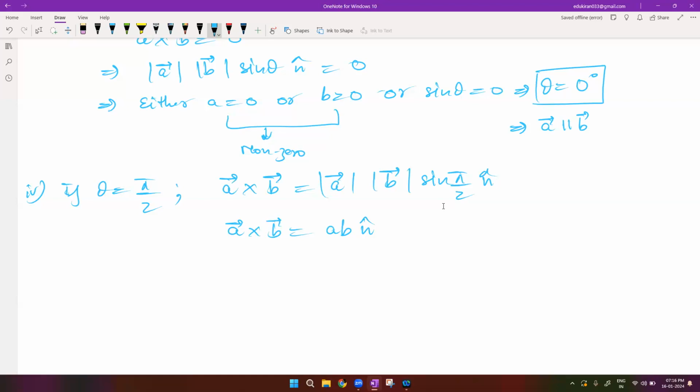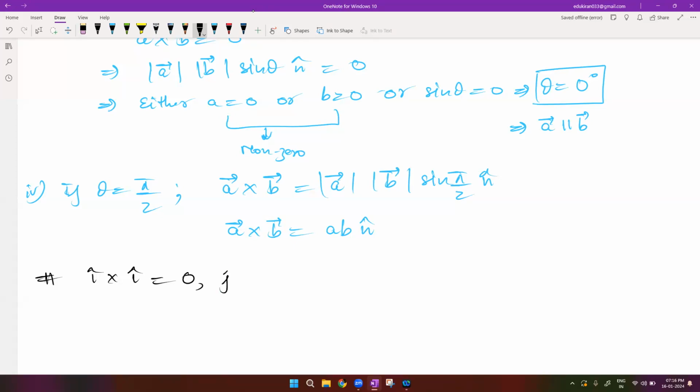Now, using the third and fourth property, you can make some rules. If you want to find the cross product of two same vectors, that is, the cross product of I with I itself, that has to be 0.